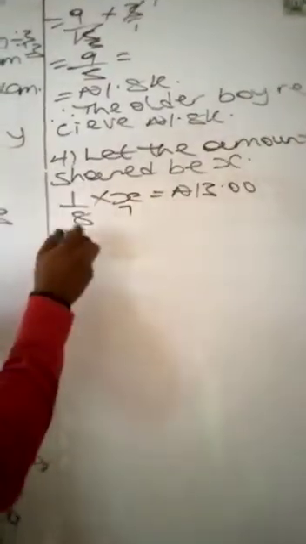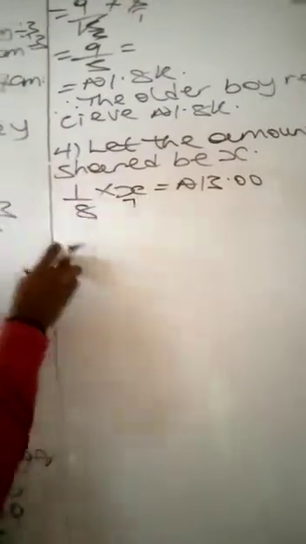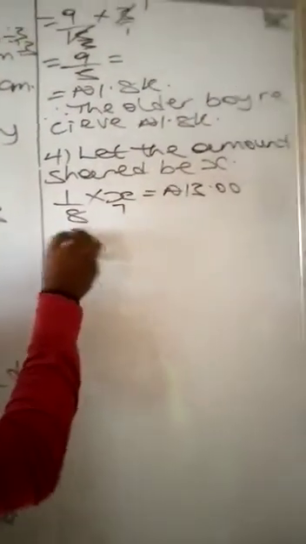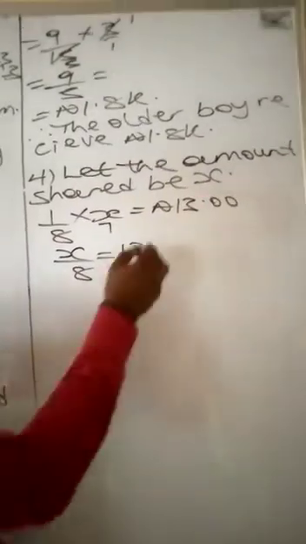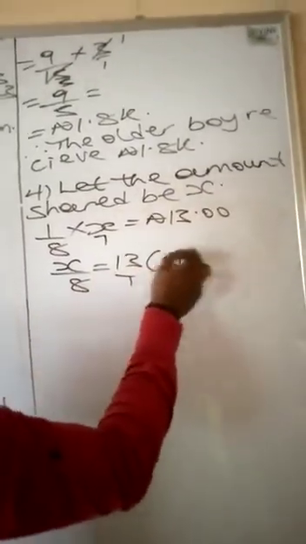X is the amount to be shared, equal to the amount that each boy received. We multiply the numerator and the denominator. We are going to have X over 8 equal to 13 over 1. We are going to cross multiply.